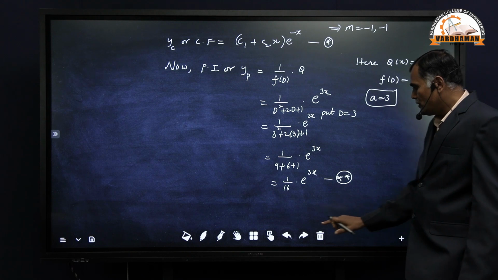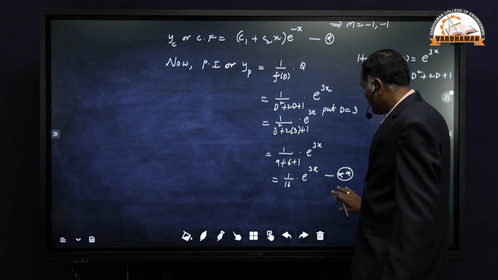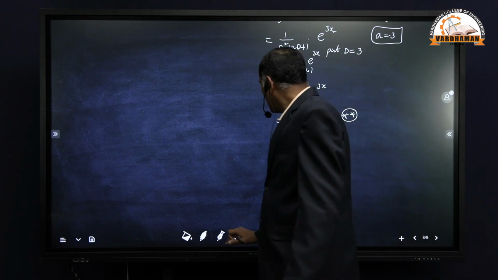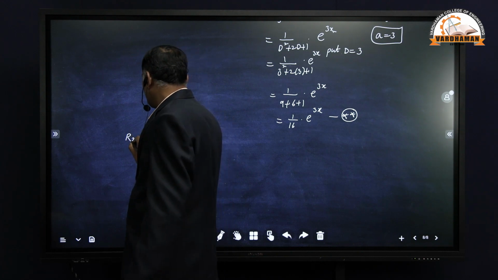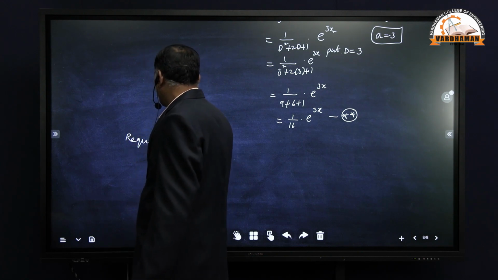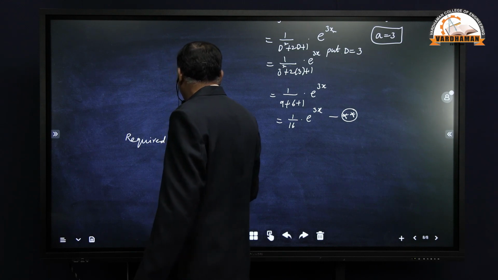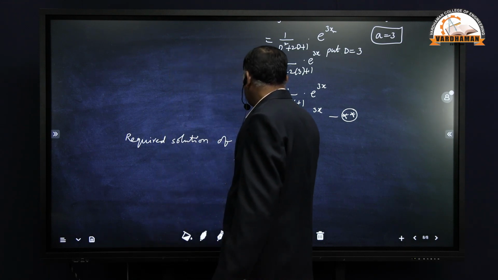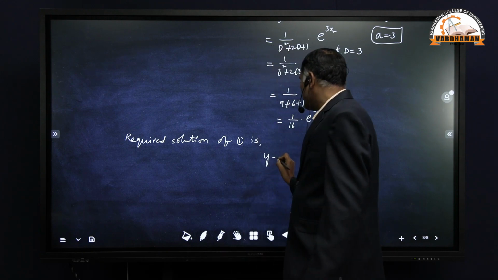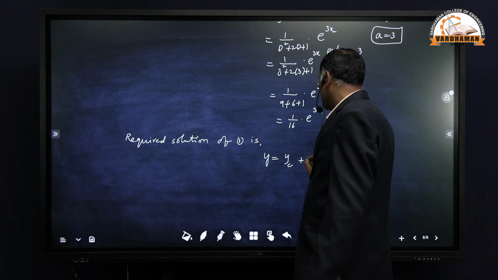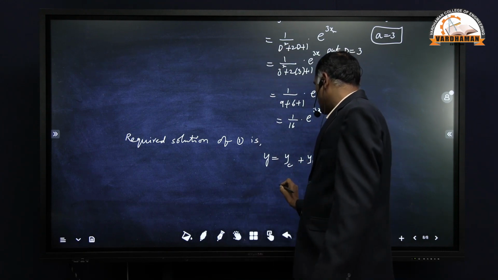Now the required general solution is given by y equals complementary function plus particular integral.